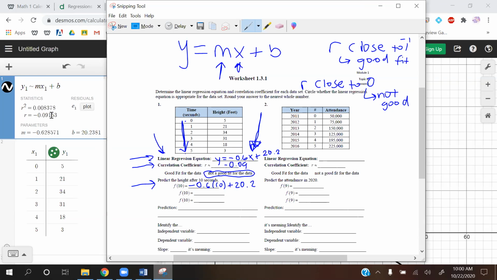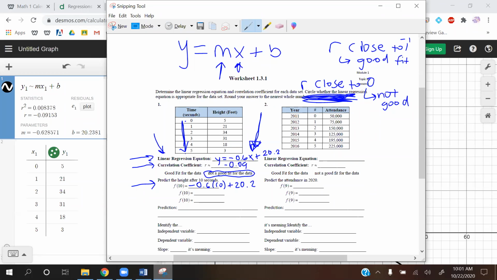I think it's just because your screen is smaller, so it's just showing you a rounded value. Honestly, it's the same thing. If you have it at 0.09, that's so close to 0 anyways, you can write 0 for your correlation coefficient. It's fine because the whole point is it's so close to 0 that it's a terrible fit for the data. So as long as you're still able to get that it's a terrible fit for the data, it's okay. It just sounds like your Desmos is rounding it. So it's fine. Okay, cool.